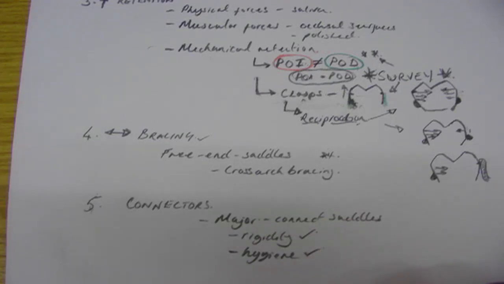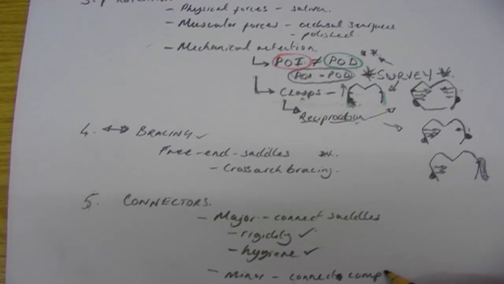So we want to try and design our connectors so they stay 3 mm away from the gingival margin where we can. And then we have minor connectors, and minor connectors join up the components or connect the components to the major connectors.